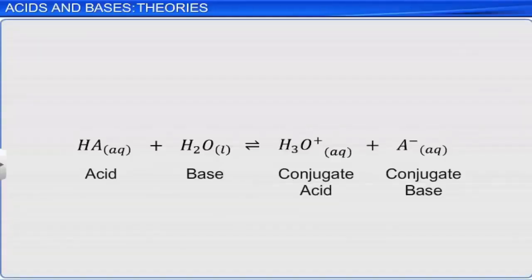In the generic example that we saw just now, H3O+ is the conjugate acid of the base H2O, and A- is the conjugate base of the acid HA.